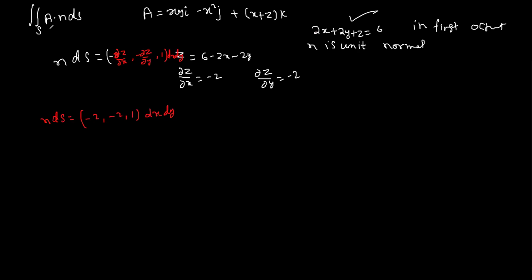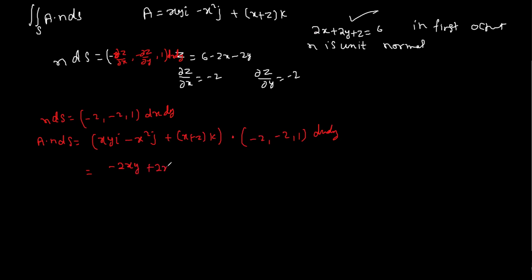Now we will find A dot n ds. What is A? Take the dot product with A, and A is xy i, x square j, x plus z k. Right? Dot product with minus 2, minus 2, 1. Okay. So in the dot product you will get minus 2xy plus 2x square plus x plus z.